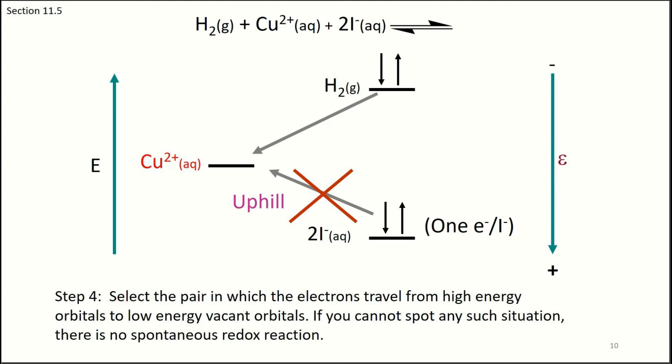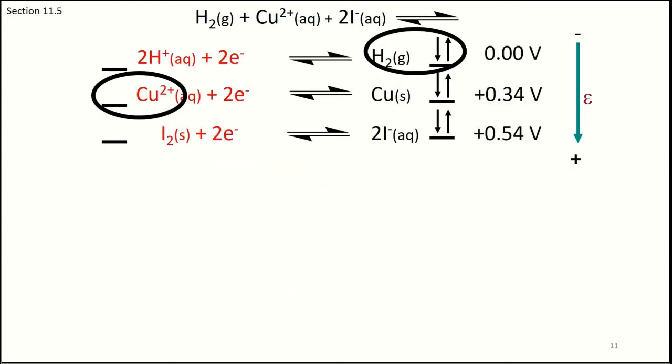So this movement of electrons is downhill and therefore is spontaneous. So these two reactions are the only ones that will participate in the net reaction. Therefore, we can identify the iodide ions as being present as spectators. They don't actually participate in this redox reaction.